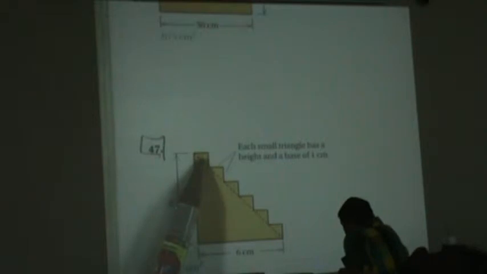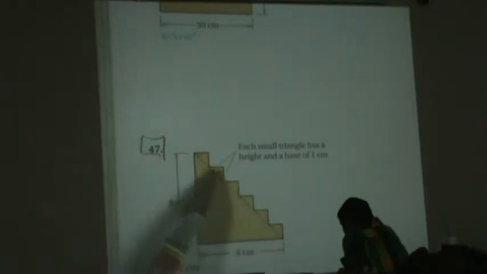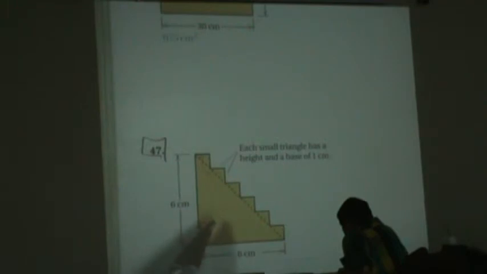Each one of these small triangles has an area of a half. So you have a half, 1, 2, 3, 4, 5, 6 times. So these steps have an area of 6 times 1/2 is what? 1/2 of 6. 3. So the steps have an area of 3. You're going to add 3 to this other area.